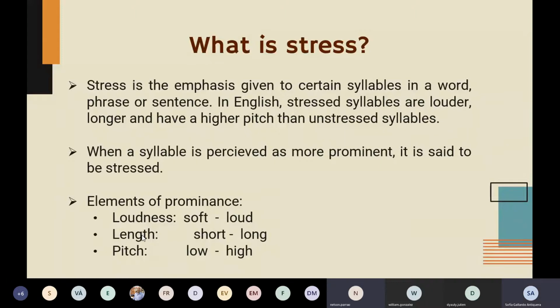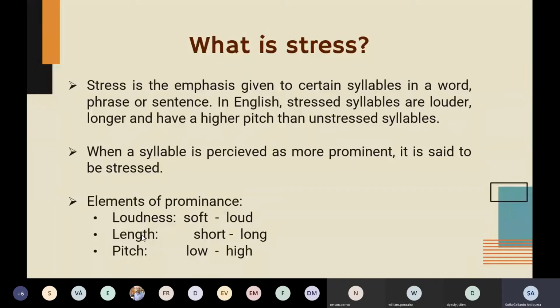Great. So as Nelson said, the stress is the emphasis of specific syllables. We already reviewed what syllables were. When they are stressed, they are louder, longer, and have a higher pitch than unstressed syllables. When a syllable is perceived as more prominent, it is said to be stressed.